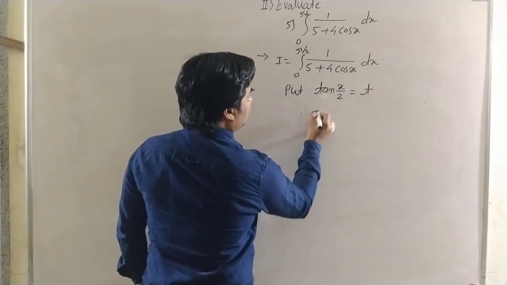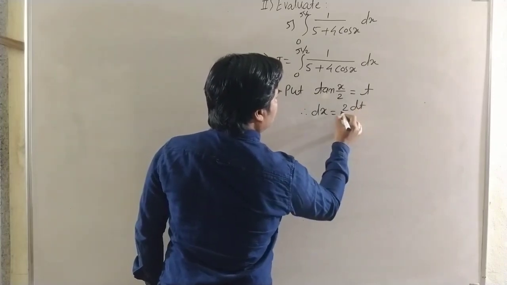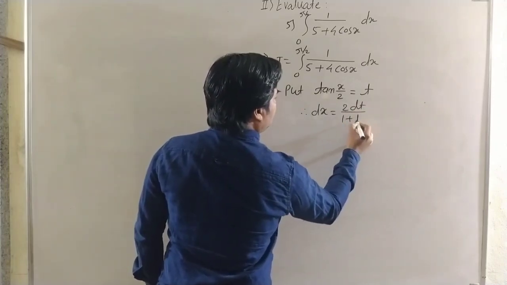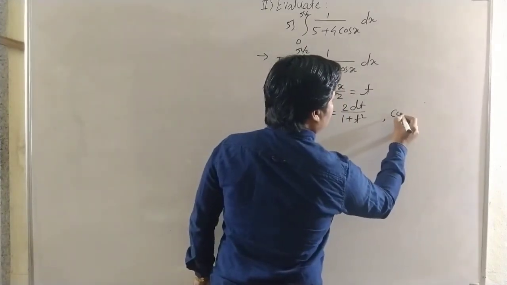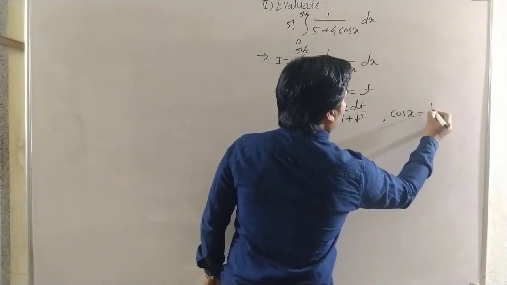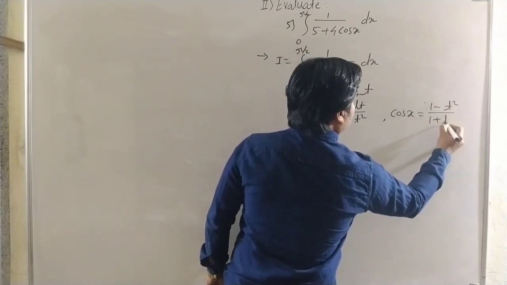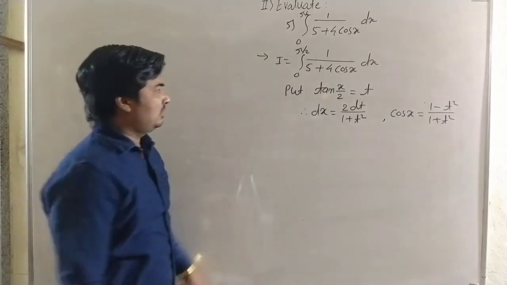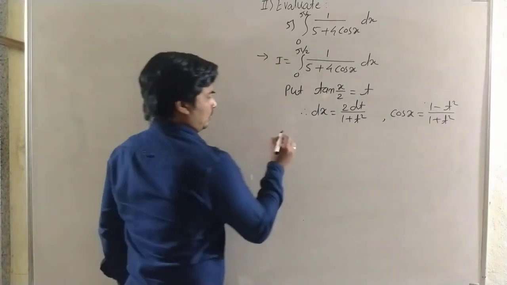Therefore dx is equal to 2 dt upon 1 plus t square. Here it is cos x, okay, and the cos x is equal to 1 minus t square upon 1 plus t square.